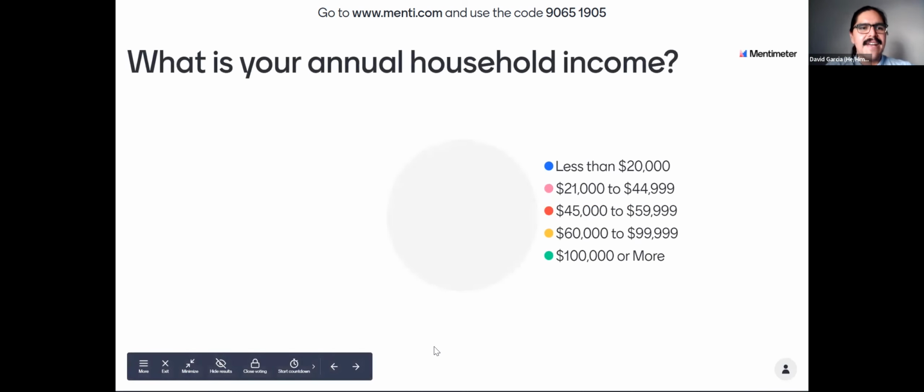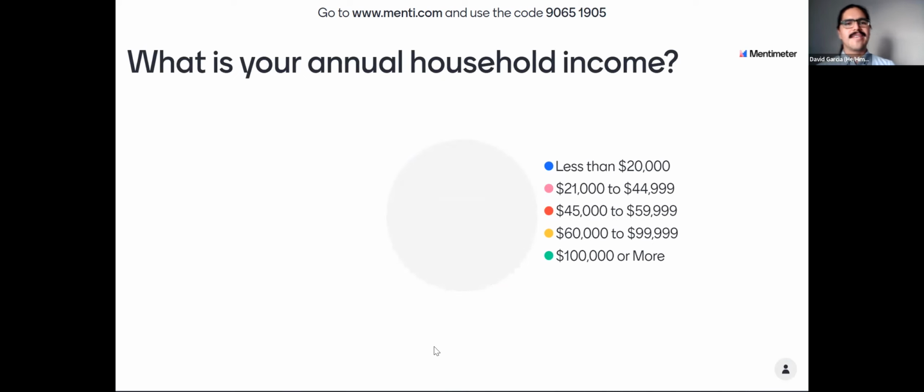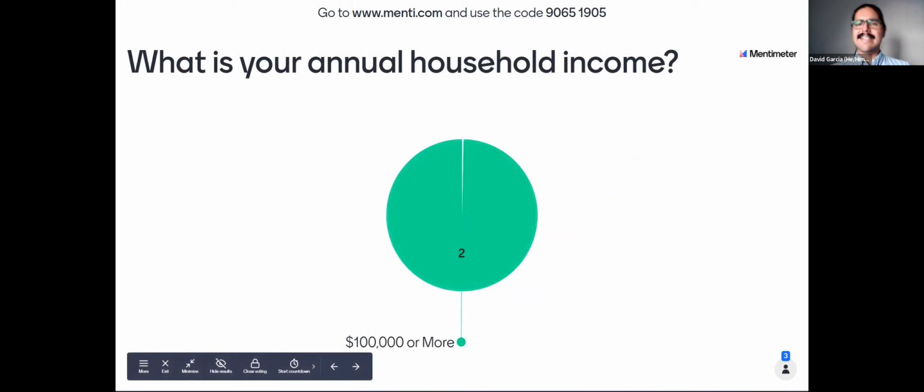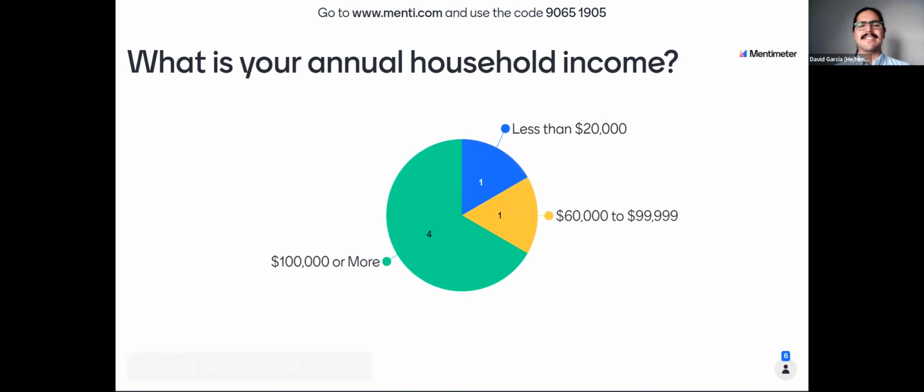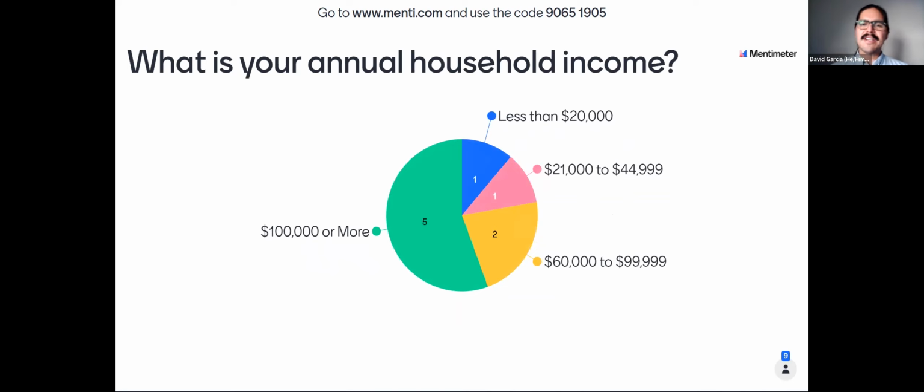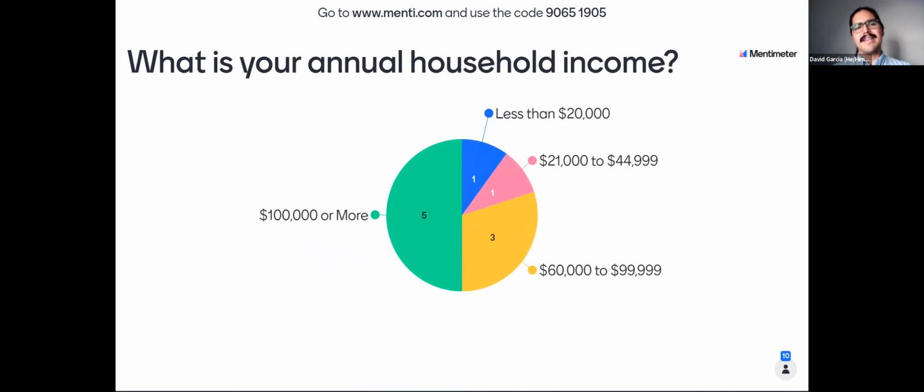And finally, this question about our annual household income, just a reminder that these are completely anonymous. We know that these are questions that might be a little bit hard to answer, but it definitely helps us understand, again, who is being represented and who we need to continue to outreach to.